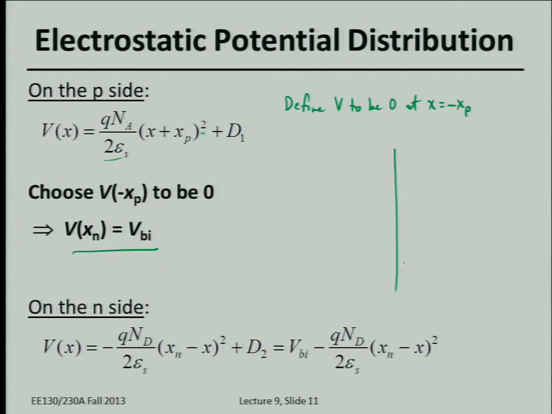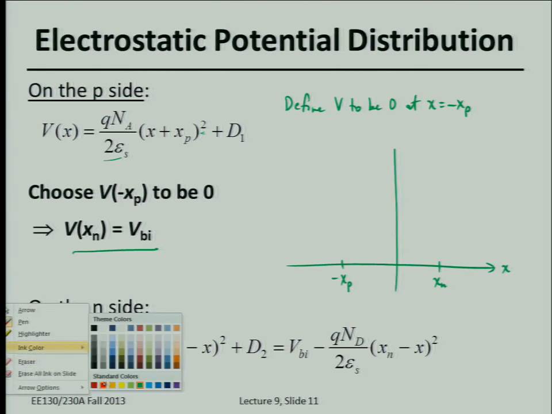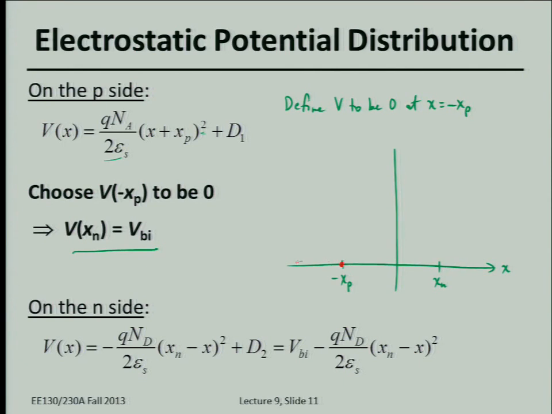Okay, so let's draw that. This is distance, with x sub n on the right, the depletion region extension to the N side, and x sub p to the P side. We'll set the electrostatic potential to be 0 on the P side, right here.